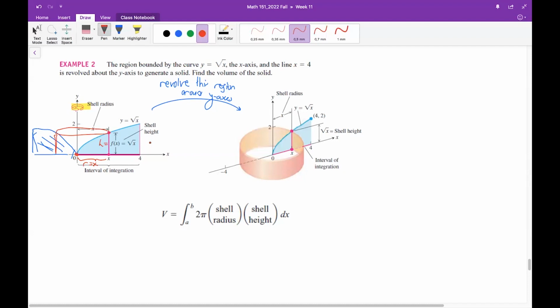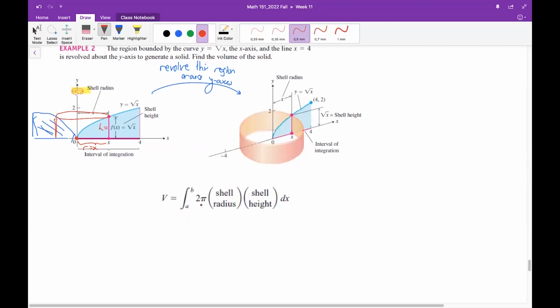So we have everything we need. By the shells technique, we use this formula. From a to b, what is a, what is b? From 0 to 4, of course. These are the boundaries for your integration: 2 pi times shell's radius times shell's height dx.